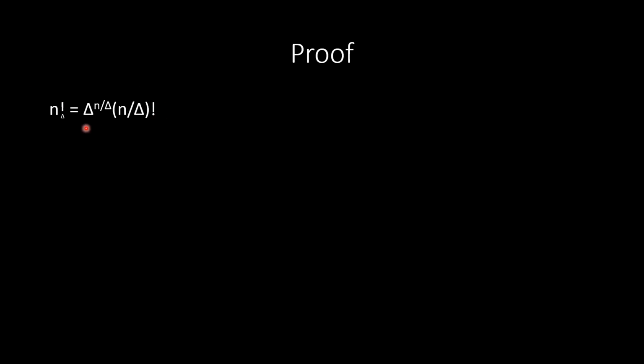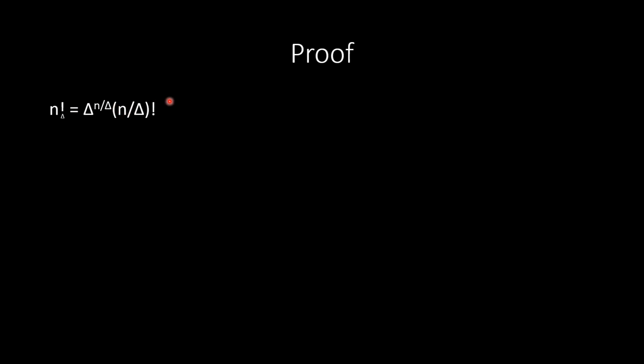How to prove this is pretty simple. First, we'll start off with this exponent, and well, we have n over delta. We'll add a 0 to this in the form of minus 1 plus 1.